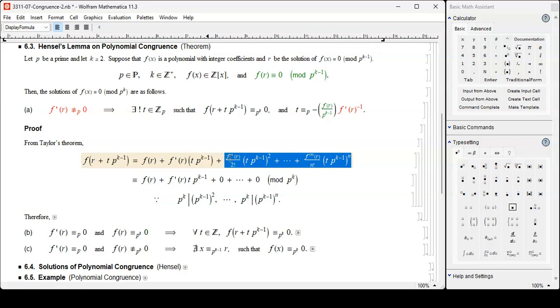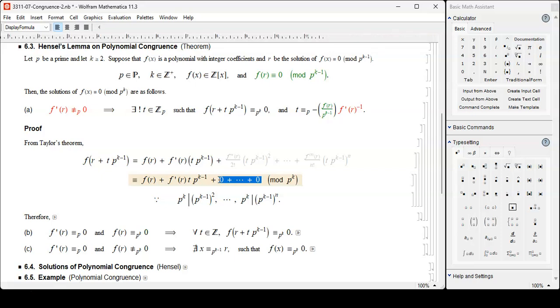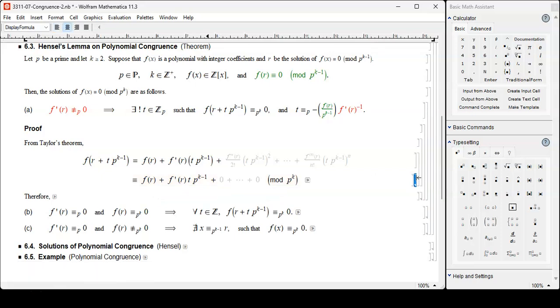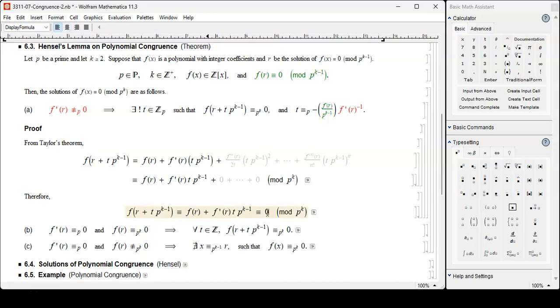So all these higher parts are all zeros, so we don't need any of those. And then what's left is congruent to 0. That's what we have to prove.